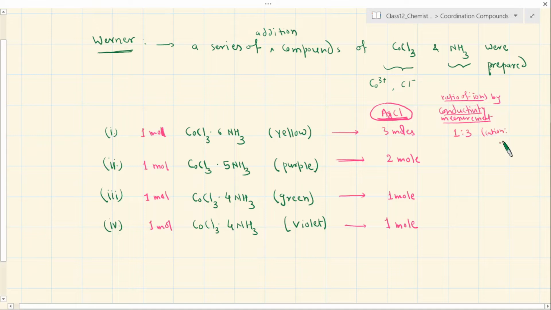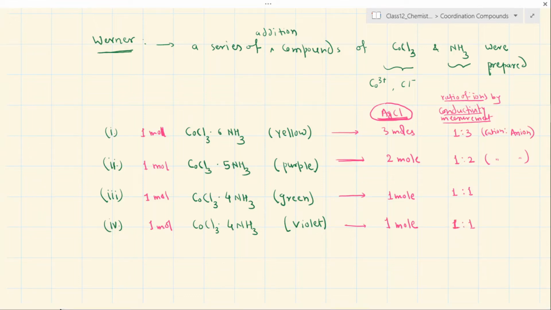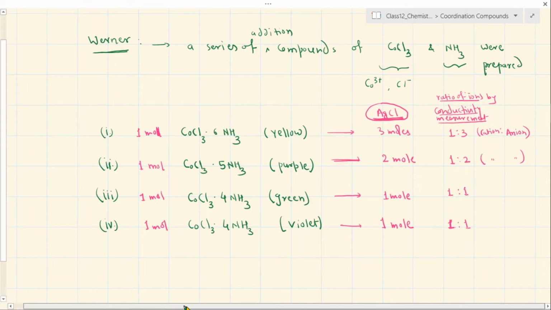In this case, it was found the aqueous solution contained a 1 to 2 cation to anion ratio. In this case, it was found it was a 1 to 1 electrolyte, and here also it was a 1 to 1 electrolyte. Now the question arises, how do you explain the properties of these and these experimental results?